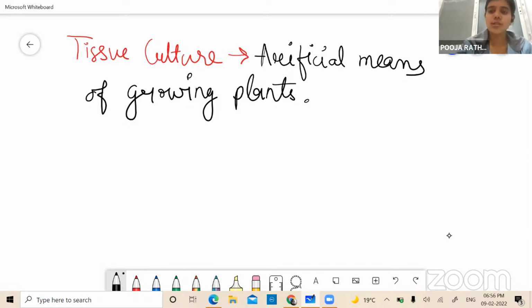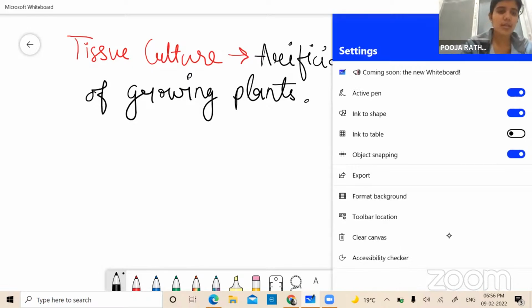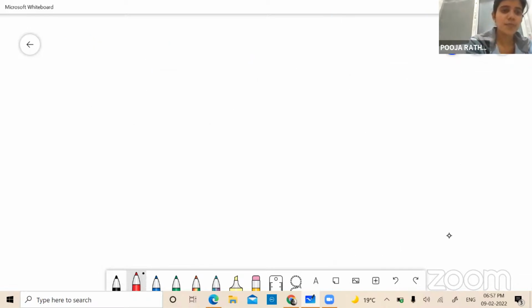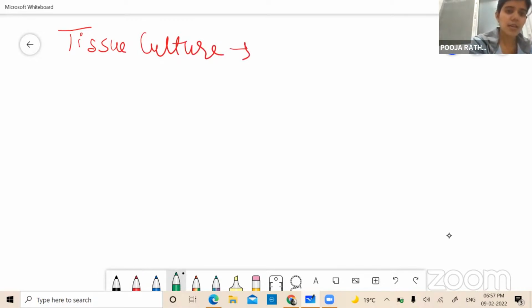Let's take another canvas here and learn about it separately. The first step in tissue culture is that the plants from which we have to grow the new plant are collected first of all.